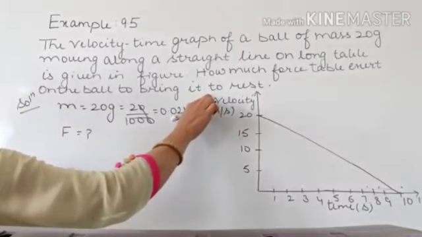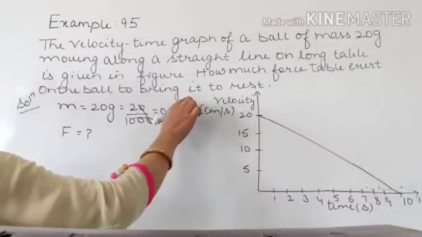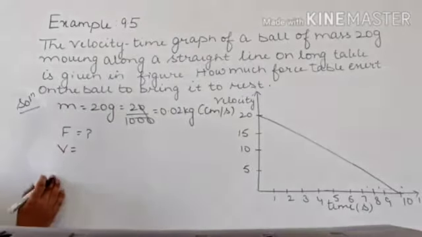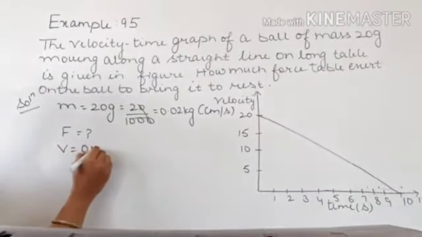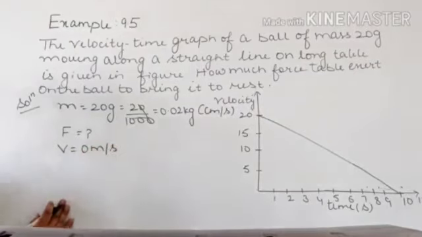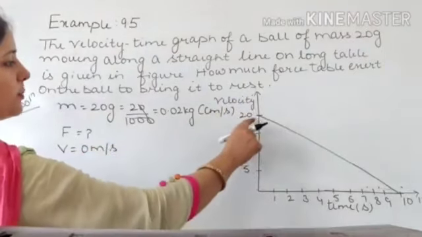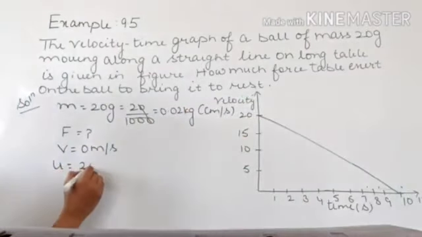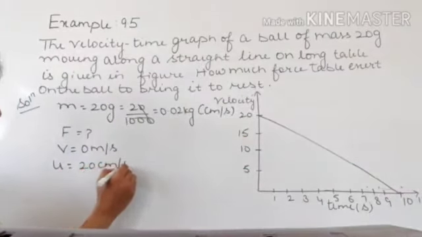We have to calculate the force the table exerts on the ball to bring it to rest. That means after applying the force, the ball will come to rest. That means final velocity becomes 0 meters per second. And from the graph, the ball is moving with initial velocity 20 centimeters per second.